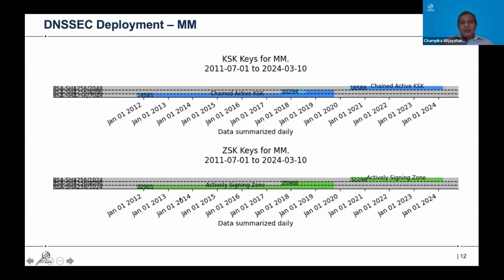Or if you're using automated software for key management, you don't have to remember all those things. The software will take over and do the re-signing before the expiry happens. So we should do monitoring to detect signature expiry, is that right? Yes, you have to keep an eye on it.